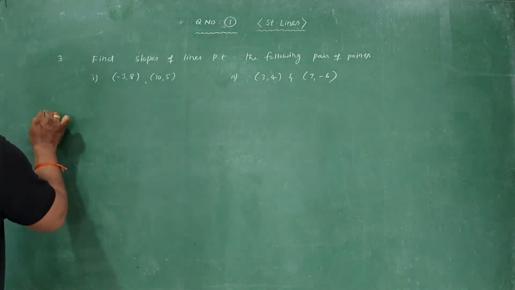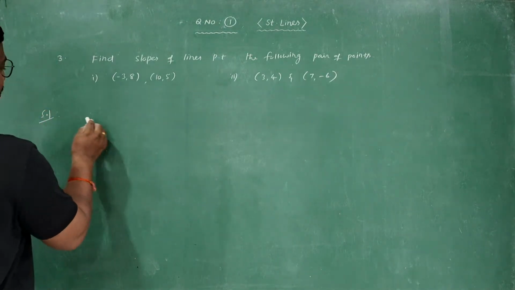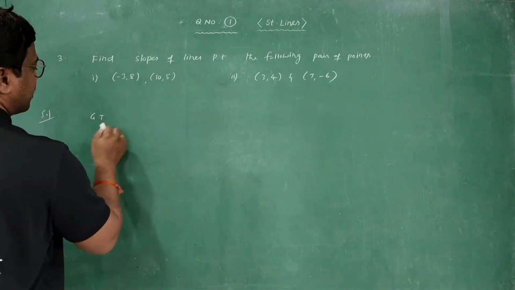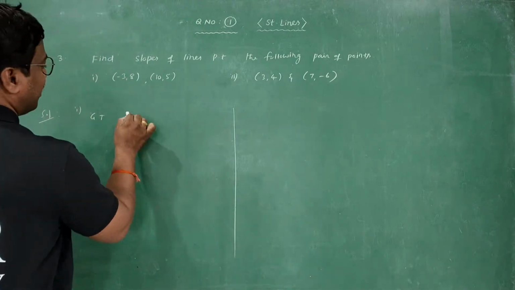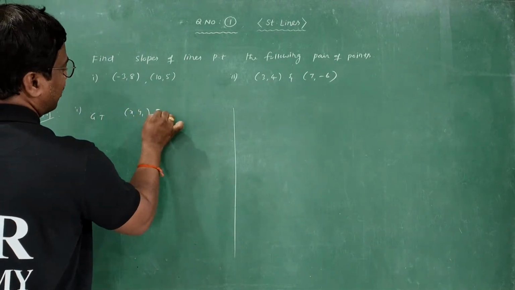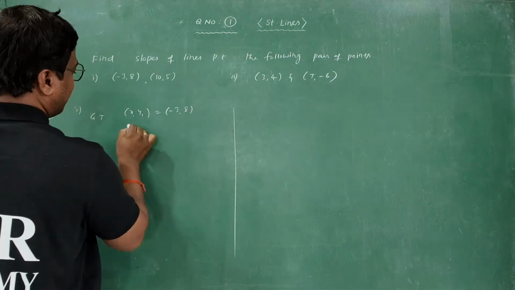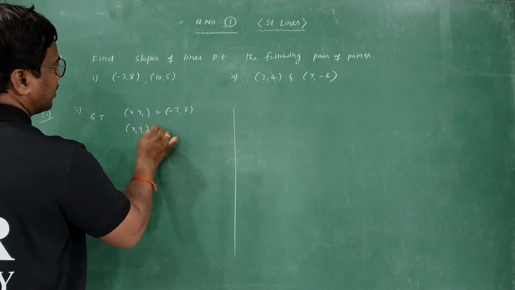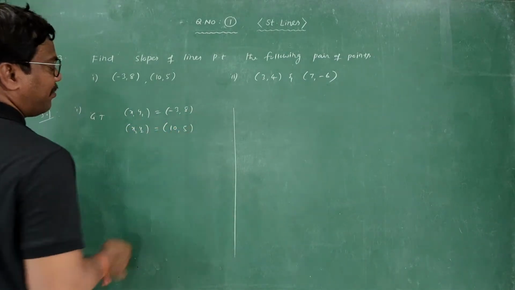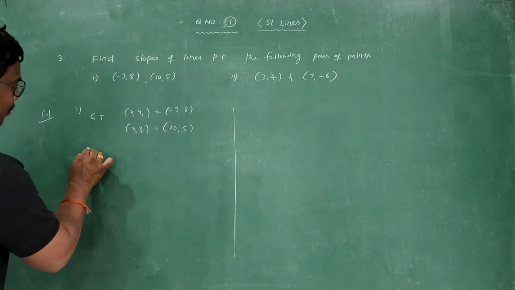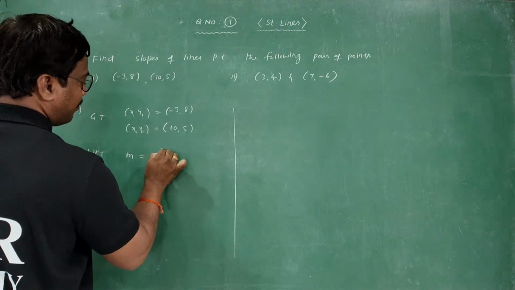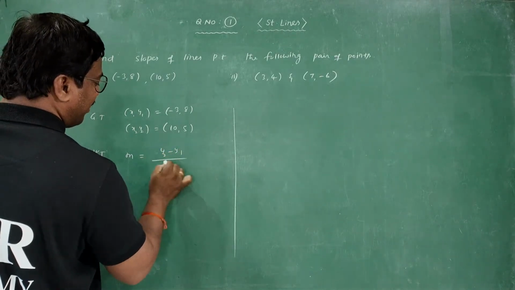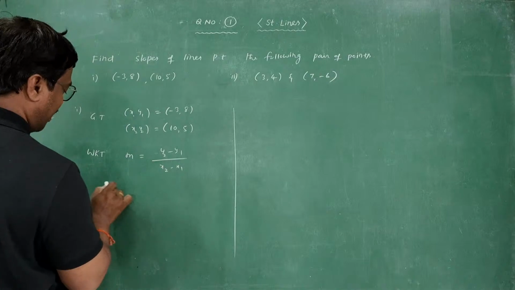See here, first I am going to write given points. I am going to solve first one and then second one. Given that first point x1, y1 coordinates -3, 8. Second point whose coordinates x2, y2 given 10, 5. We know that slope, that is m, defined by y2 minus y1 by x2 minus x1.